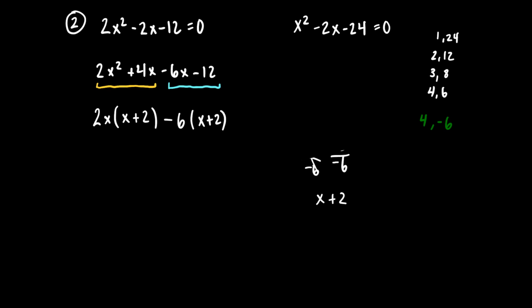At this point, we're going to use that same idea that we had before. So if I have 2x red boxes and I take away 6 red boxes, how many red boxes do I have? I really have whatever 2x minus 6 is of them.